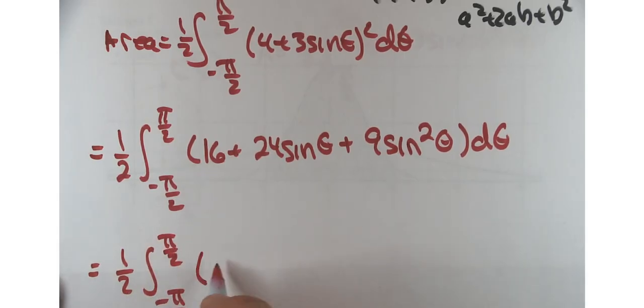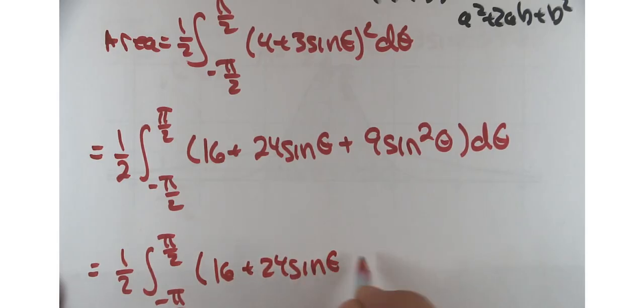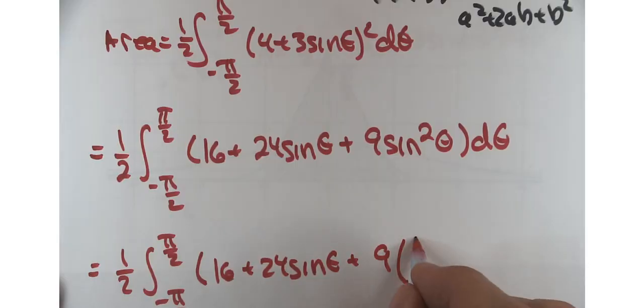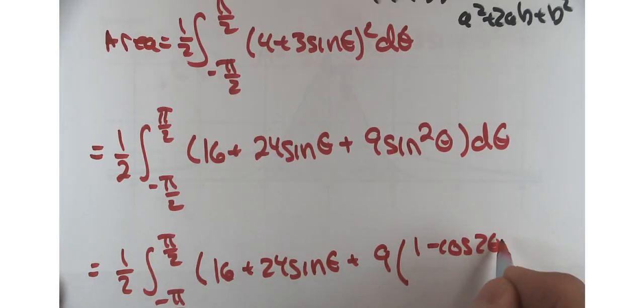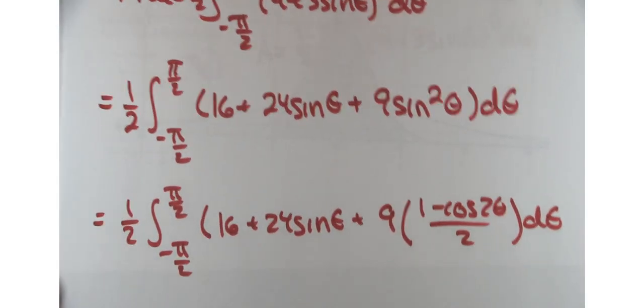So it's going to be 16 plus 24 sine of theta plus 9 times (1 minus cosine of 2 theta) over 2 d theta.